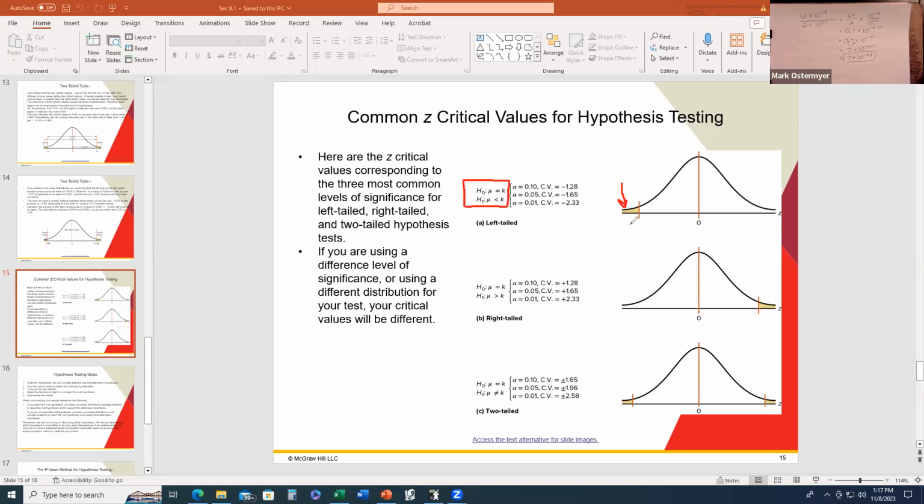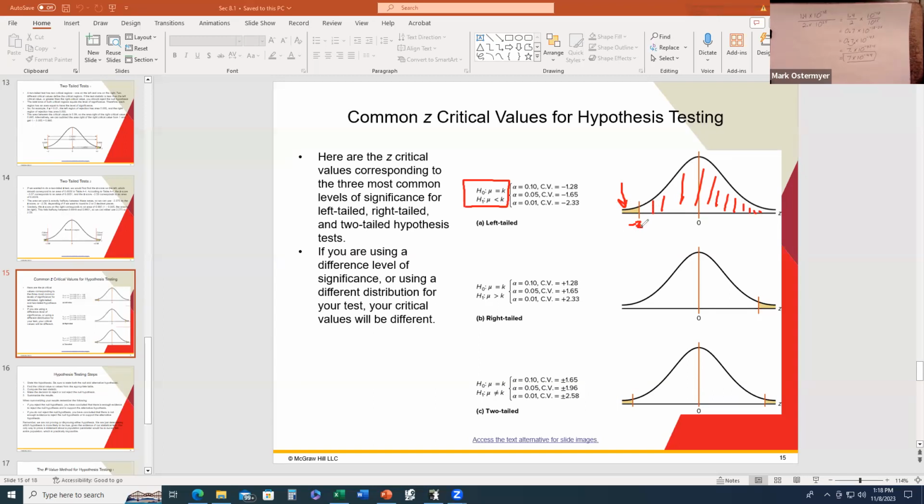In which case, the critical z-value, which is going to be this value on the horizontal axis that separates the rejection region in the lower tail from the upper area of the standard normal distribution, which is called the acceptance region of the null hypothesis, or the do not reject region.